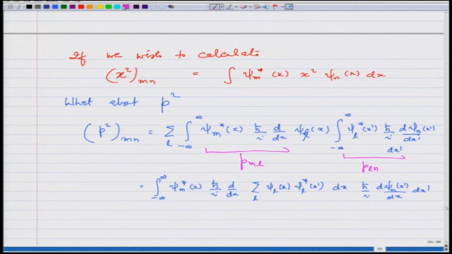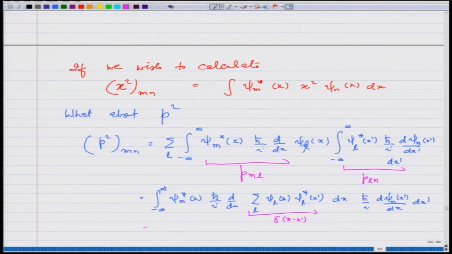But again, this term is delta x minus x prime, and therefore, this whole thing becomes integration psi m star x, minus h cross square, d2 psi by dx square dx.